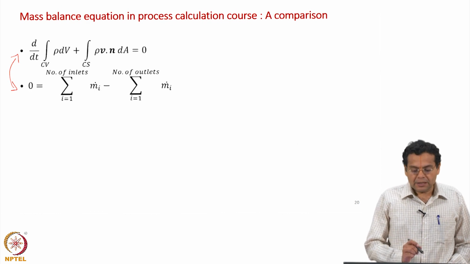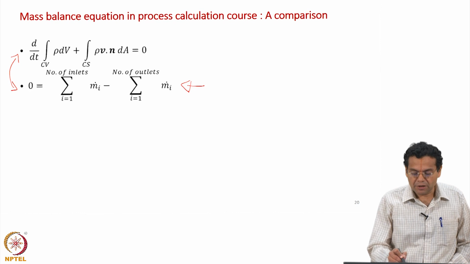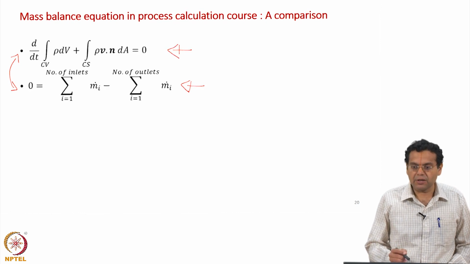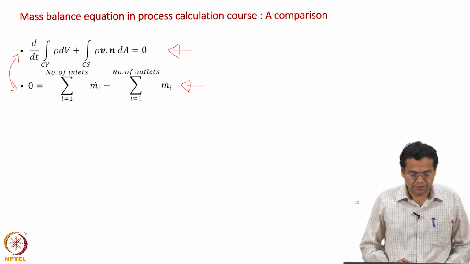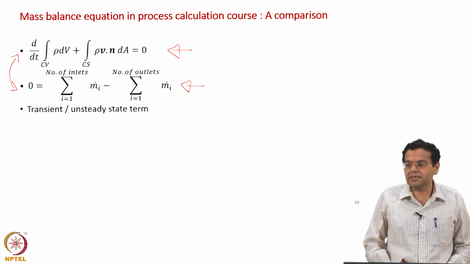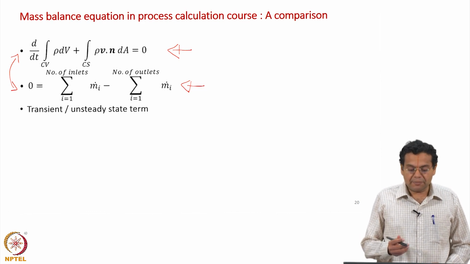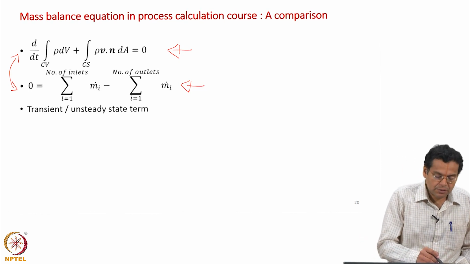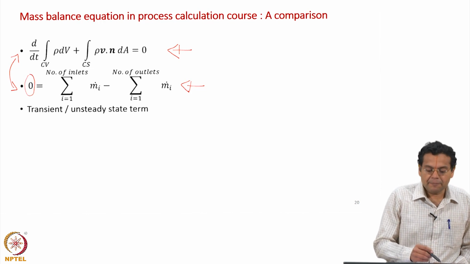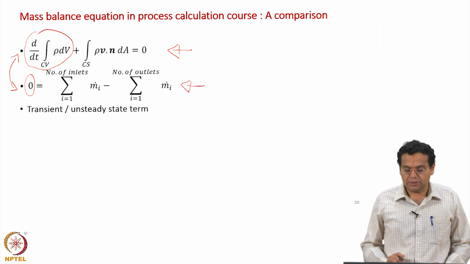This is the equation used in the process calculation course. What we have derived is a more general form. In what way is it general? First, the transient or unsteady state term, which is not a very major difference, because you probably would have even solved some problems with transient. So, I would not say major distinction, but still most of the problems are steady state, so we are accounting for the transient mass balance also, number 1.